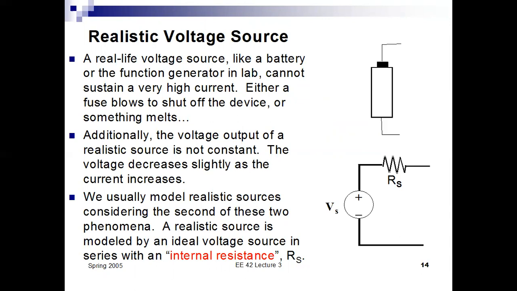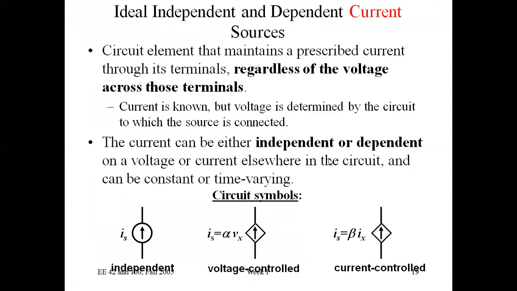We usually model a realistic source considering the second of these two phenomena, and it is modeled by an ideal voltage source in series with an internal resistance Rs. So in a realistic model, these are always in series with an internal resistance.